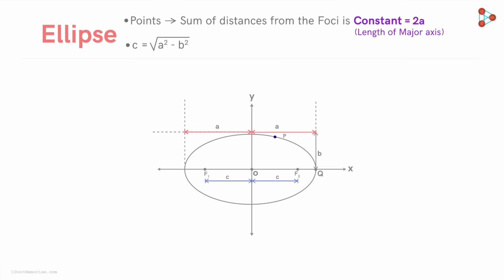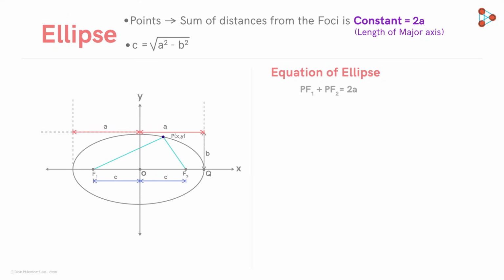Let's take a point P on the ellipse with coordinates x and y. We know its sum of distances from the foci will be equal to 2A. So we will get this. Now since C is the distance between the center and each of the two foci, their coordinates will be (C, 0) and (-C, 0).